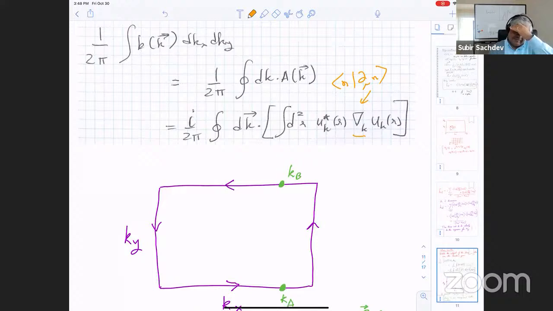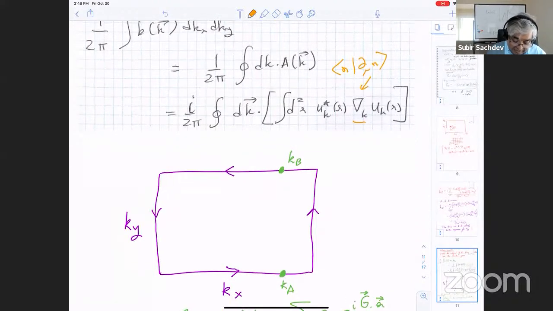All right, so what is that? Well, if you think about it a little bit, first of all, it doesn't look like anything. Then you think about it a bit more, then you say, oh, it must be 0. And then you think about it more carefully and realize, no, it's not exactly 0. So step 1 would be, I'm taking the integral along this boundary of the Brillouin zone shown here in this purple curve. The functions are periodic.